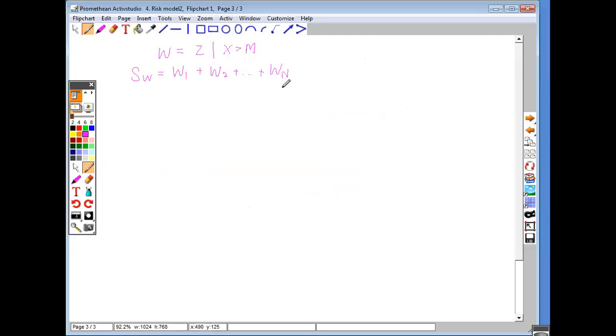The number of W's will be the number of non-zero claims that I have for the reinsurance company. So let me denote those non-zero claims. This is my NR, which denotes the number of non-zero claims to the reinsurance company.